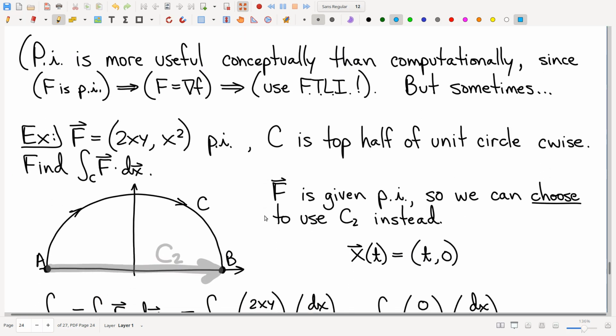Why is path independence useful? It's actually useful in a couple of ways. One of them is what I'm going to call conceptually. Not everything's about computing stuff, right? So those of you who have had a physics class know that when you're doing mechanics, a very powerful idea is this idea of conservation of energy, right?